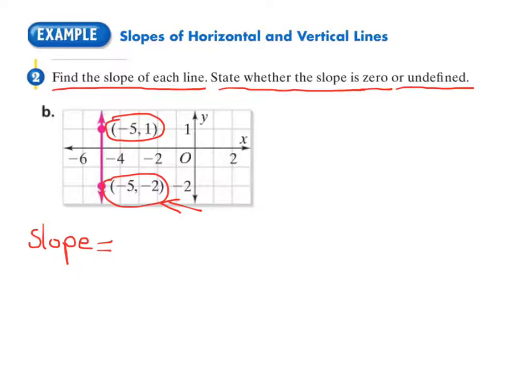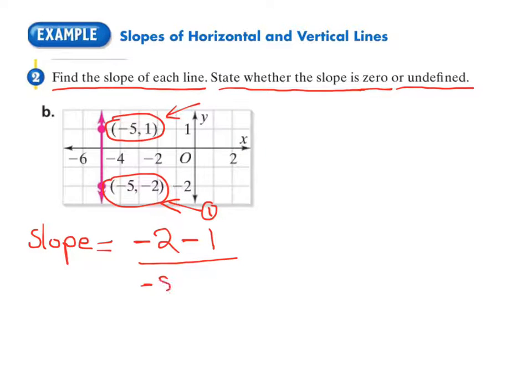So what is the y coordinate of this point? Negative 2. So negative 2 minus, what is the y coordinate of this point? 1 divided by change in the x coordinate. Because we started from this point first, we have to take the x coordinate from the same point.